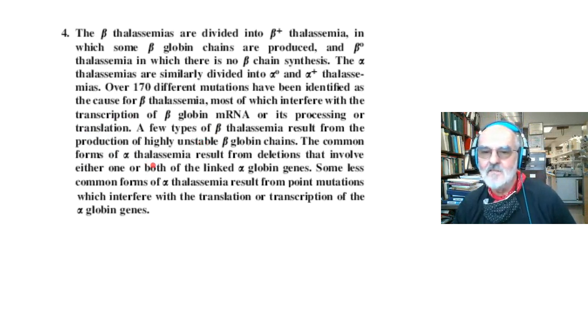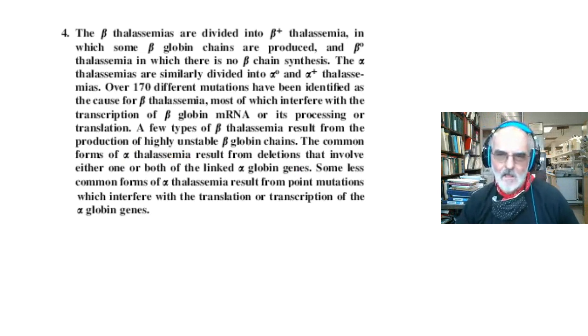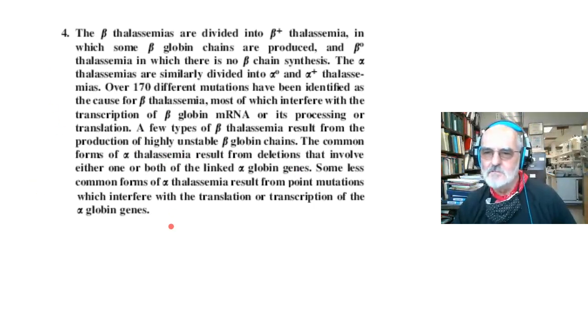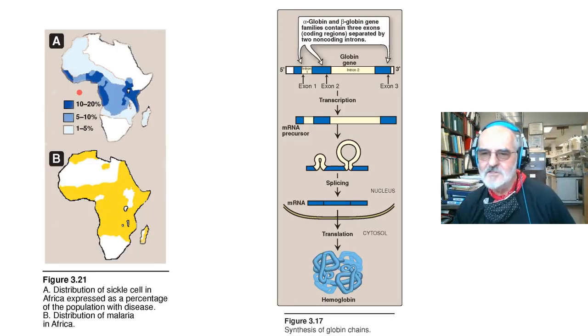And then the common form of alpha thalassemias, as I keep saying to you, are deletions involving one or both of the linked alpha globin genes. So there are 2 copies on each DNA, and generally you can delete one or both of them. You don't tend to delete them across the DNA chain, in different chains. You tend to delete them on the same chain. Okay? And so that's the summary that you can see in words.